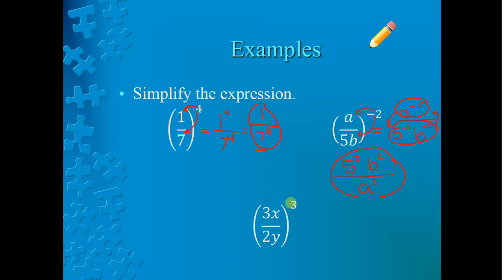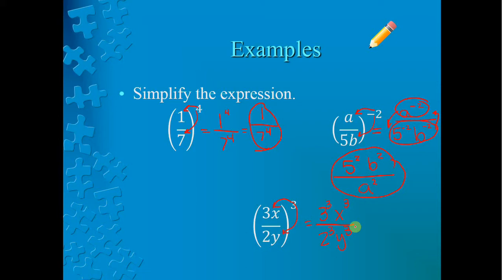What about this one? This 3 has to go to everybody on the top and the bottom, so be very careful. I'm going to have 3 to the 3rd, x to the 3rd, over 2 to the 3rd, y to the 3rd. Notice how I gave it to every single person.